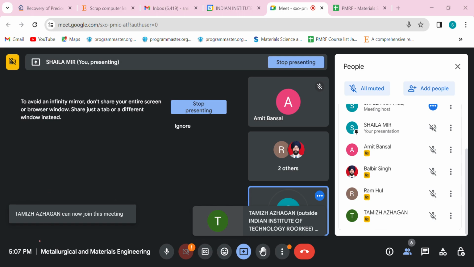For Vickers hardness, what do you measure? You take the Vickers hardness test for a material, and then you look at it under a scanning electron microscope, and then you measure the diagonals of the indentation. So you are actually measuring the surface area of the indentation in Vickers hardness. Okay, so we write here R.